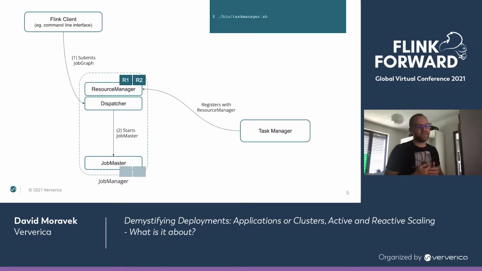If you have any pending slot requests, feel free to send them to me, and I will make sure to offer my slot to an appropriate job master. So this is exactly what happens. Resource manager sends one of its slot requests to a task manager, and task manager offers its slot to the job master. Job master now has one of two slots.